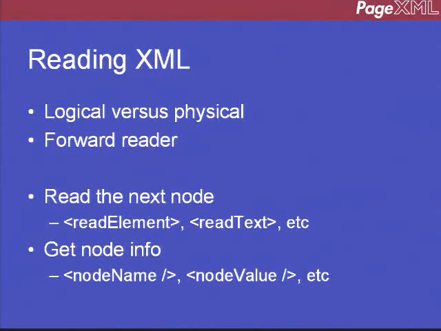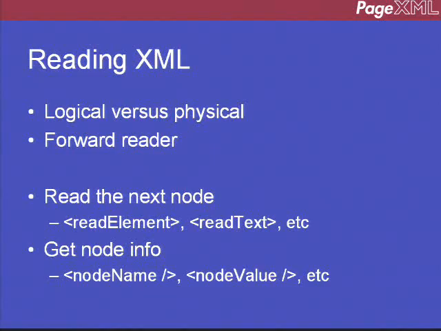PageXML has a more logical XML reader. It's a forward reader, so you don't have access to a DOM. A simple example of that is if you've got an open element followed by a closed element, and then imagine you've got a self-closed element. In PageXML, they're both read as the same thing: open, close.